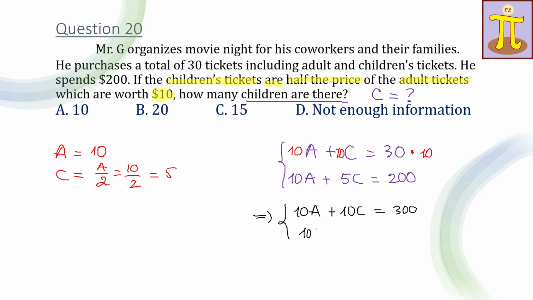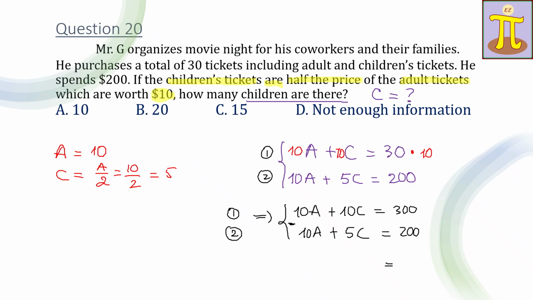And then I copy down the second equation, 10A plus 5C equals 200. This is my first, this is my second. Now I take the first one and subtract the second one from it. Subtract from top to bottom, keep the equal sign the same, right side to right side, left side to left side.